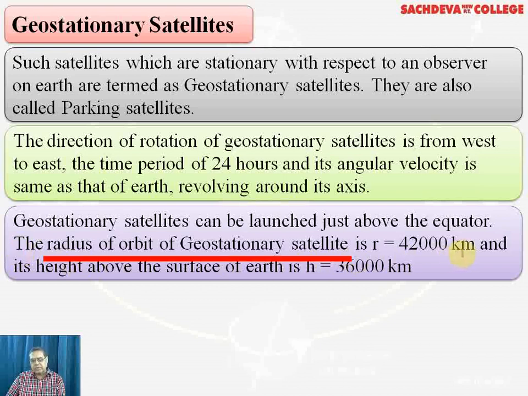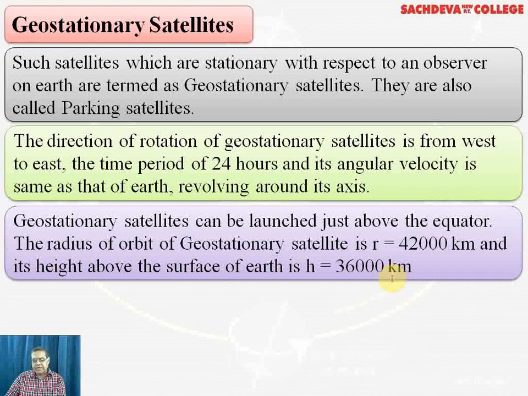So the radius of the orbit of the geostationary satellite, that is R, is 42,000 kilometers, and its height above the surface of Earth, or from the circumference, is about 36,000 kilometers.